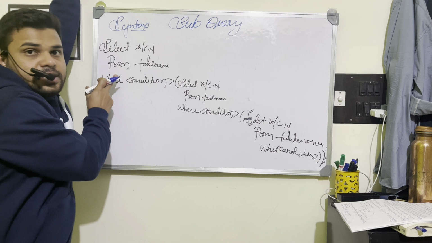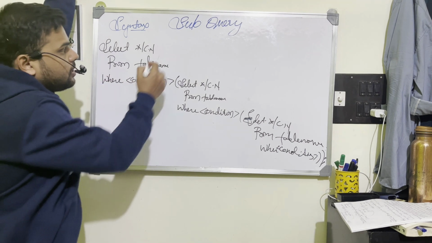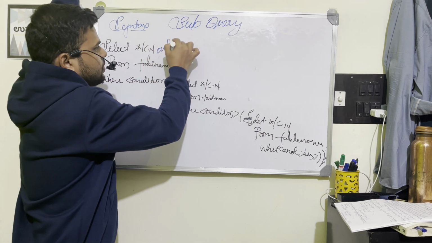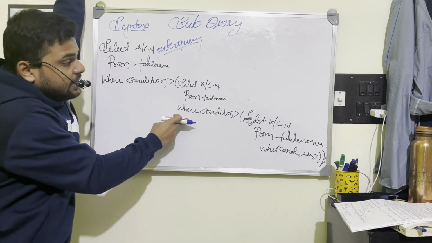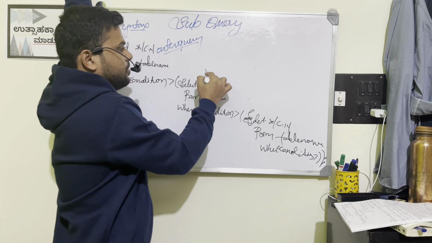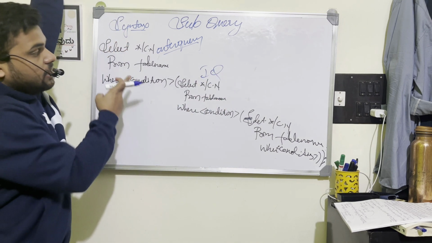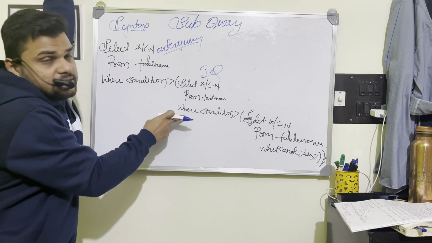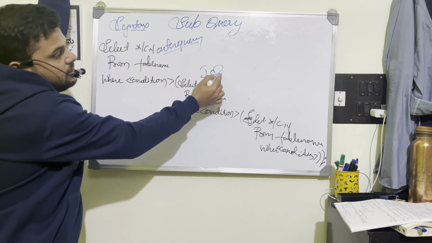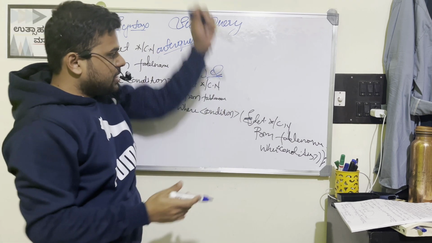A query which is present in the outermost part is called the outer query. A query which is present in the innermost part is called the inner query. I'll write simply IQ. Here you can see, comparing both.